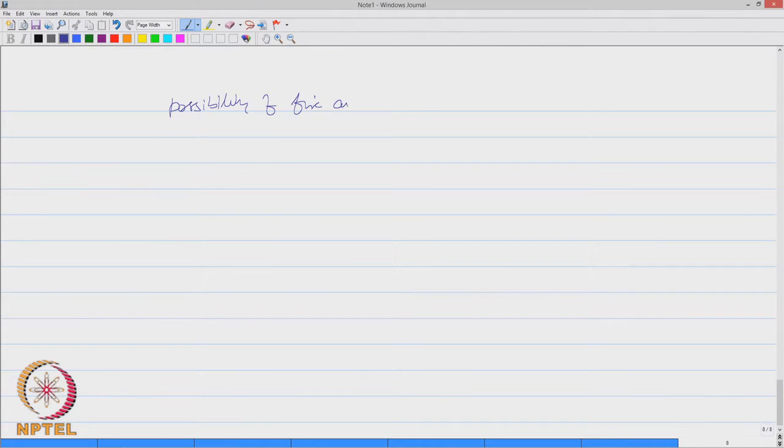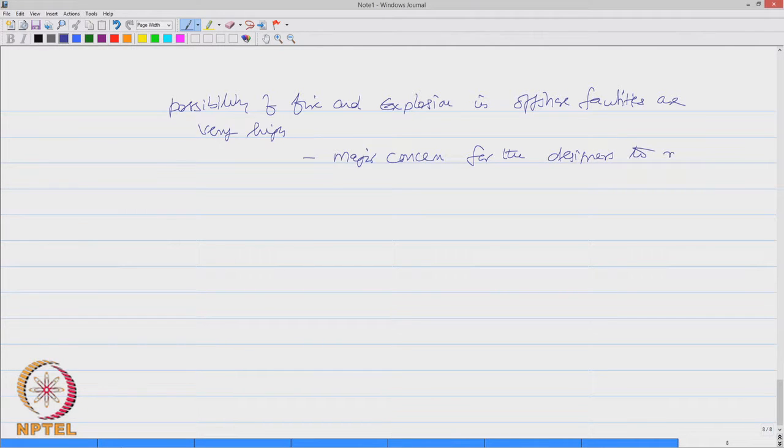Therefore, one can say that the possibility of fire and explosion in offshore facilities is very high. Therefore, it is one of the major concerns for the designers to make the offshore system or offshore structure fire resistant.